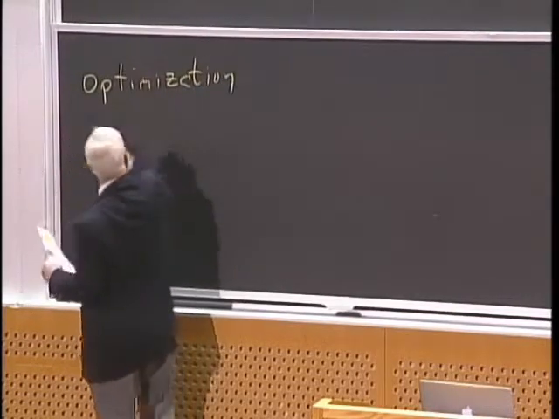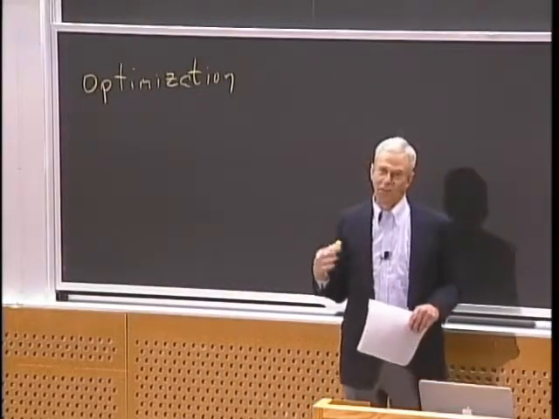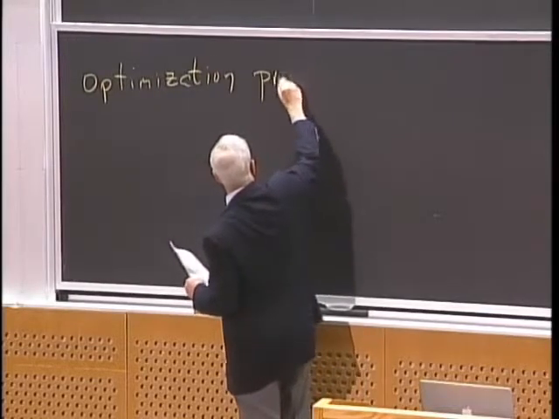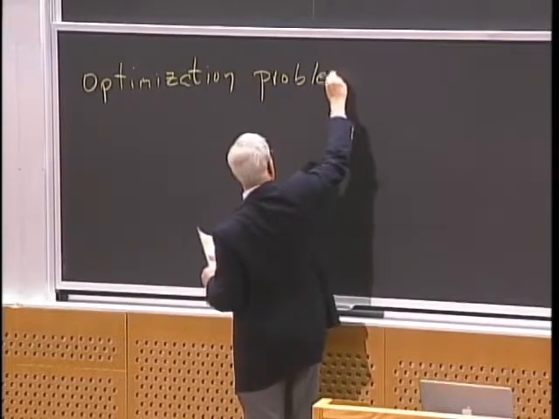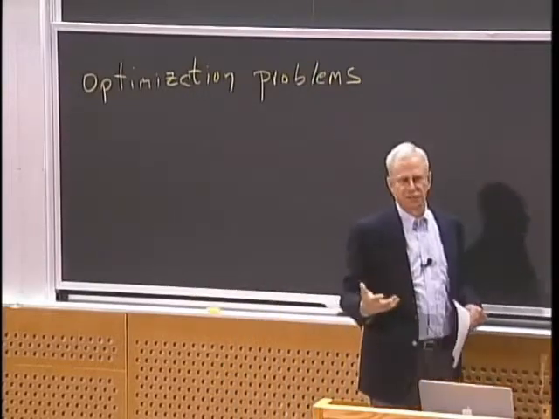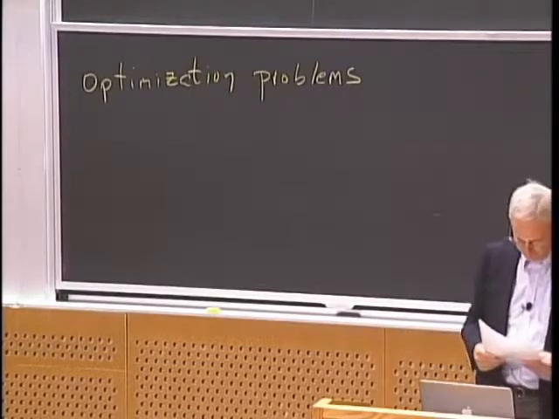Not so much optimization in the sense of how do you make a program fast, though we will talk a little about that, but what people refer to as optimization problems. How do we write programs to find optimal solutions to problems that occur in real life?